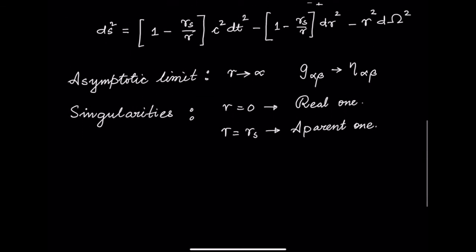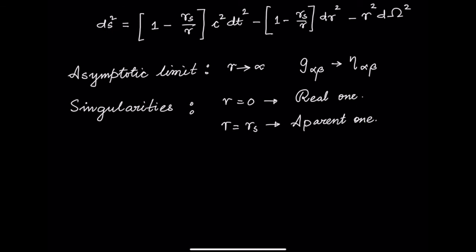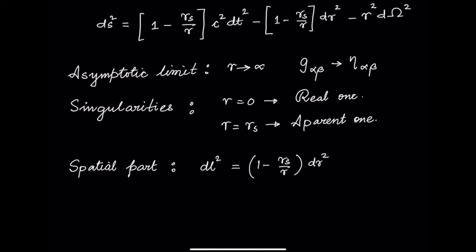All right, if we look at the spatial part, the spatial part of the metric is a little bit different from what we have in spherical polar coordinates. So this is dl squared in spherical polar coordinates for normal Euclidean geometry. Let me just write down the d omega squared here.